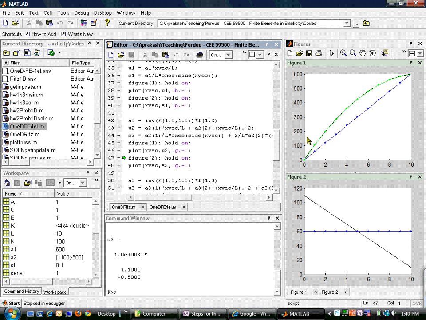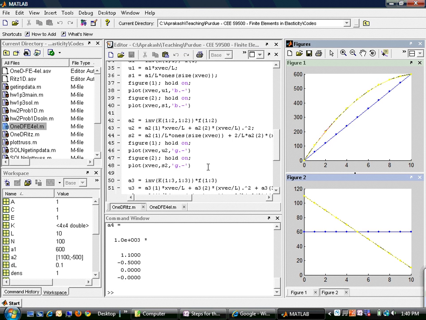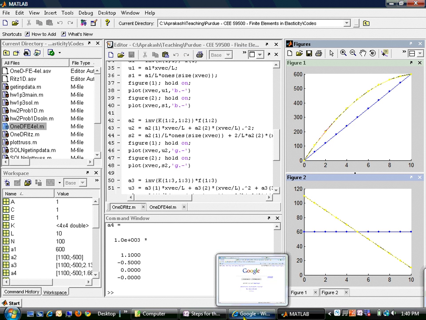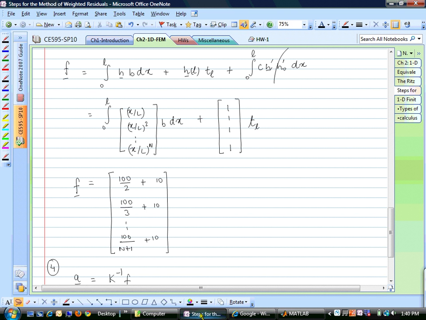So the Ritz method with two terms gives you an exact solution, this green curve right on top of the blue curve. Since the exact solution has only quadratic terms, the Ritz method converges exactly to that. If you keep increasing the order of the polynomial, it wouldn't matter because you've already reached the final stage. So this is about where we were last time.